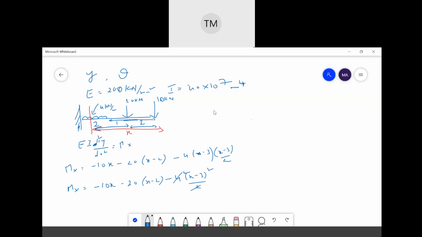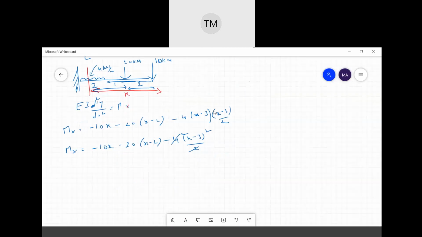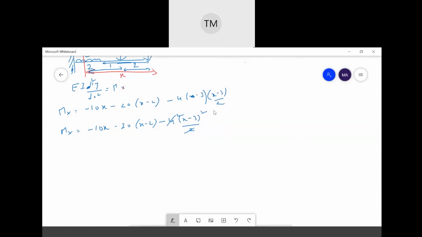Simplify, 2 twos. Then substitute in this differential equation: EI d square y by dx square is equal to minus 10 into x minus 20 into x minus 2 minus 2 into x minus 3 whole square.